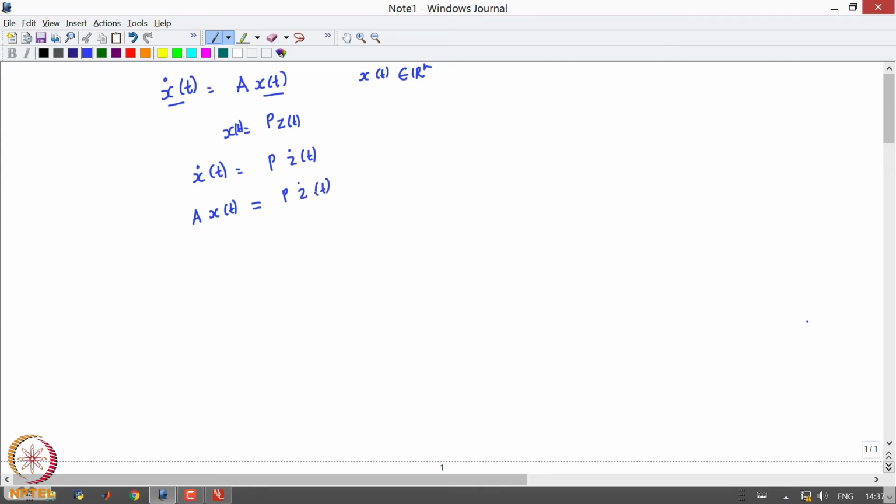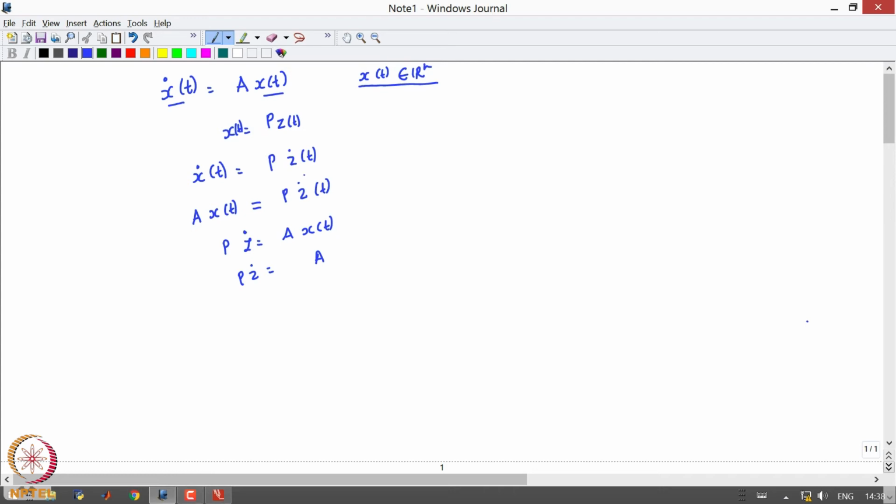So, given my system dynamics in x, how would they look in z? This is always an invertible transformation, that was the necessary condition. So, P times z dot is A x t, and what is x in terms of P?